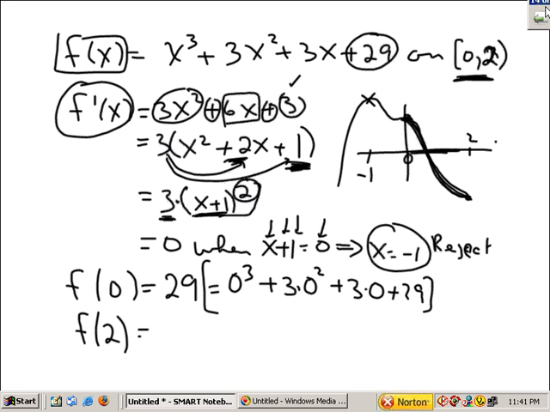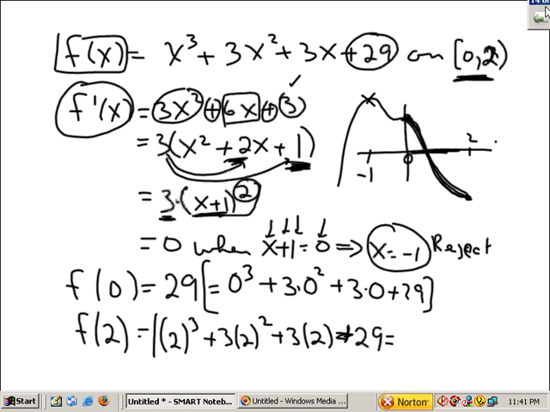f of 2 is, this is how I'm going to write it, x, 2 in brackets: x cubed plus 3 times x squared plus 3 times x plus 29 equals, 2 cubed is 8, plus 3 times 2 squared.